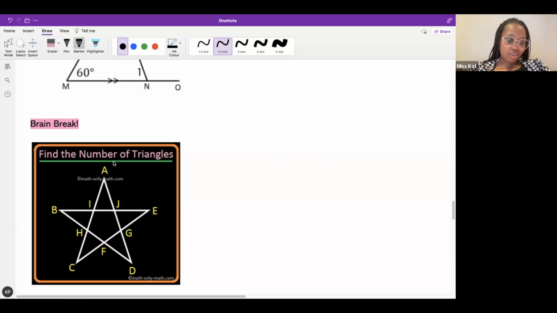Okay, how many triangles do we see? So it's these 5 that are outside, right? So it's AIJ, and then BHI, and then CHF. These are all the ones that are outside, right? DFG and JGE.